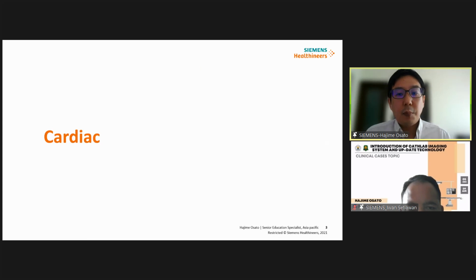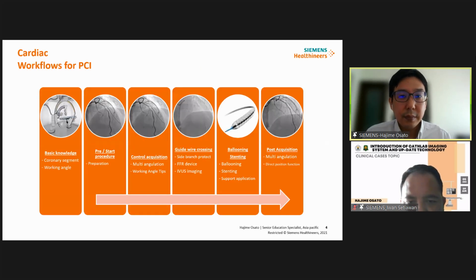First topic is cardiac. Now I'm showing general workflows in the cardiac intervention case, called PCI. But I want to touch on basic knowledge about the coronary tree and working angle definition as a first topic.